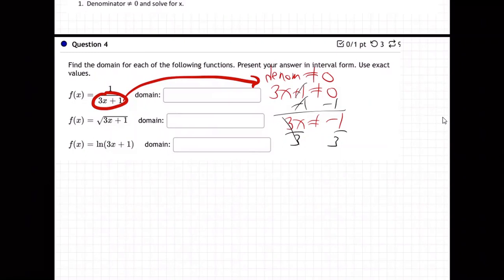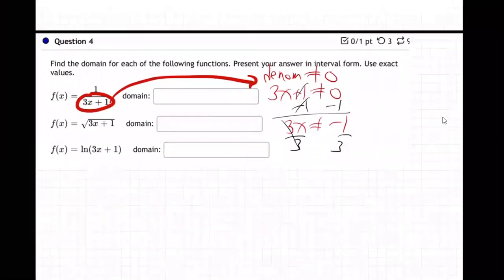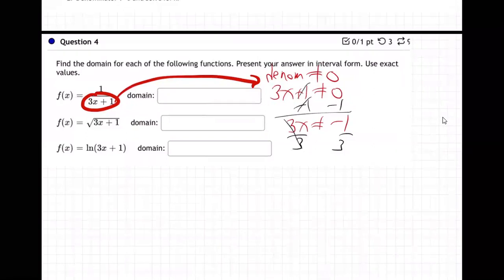Well, how do you give that as an interval notation answer? Well, I'm going to draw a number line here for you. You can have anything on the number line you want, but you put an open hole at negative 1/3. You shade everything to the left and everything to the right.